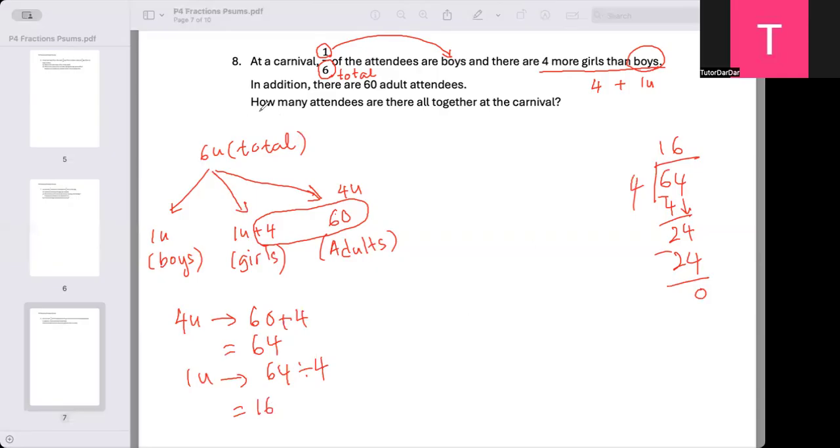Okay, so how many attendees are there all together at the carnival, which is this total? So 6U is going to be 16 times 6. 6 times 6, 36. 6 times 1, 6 plus 3, 9. 96. This will be the answer.